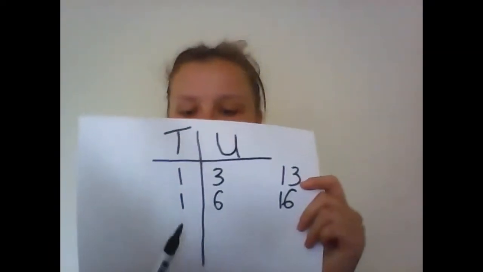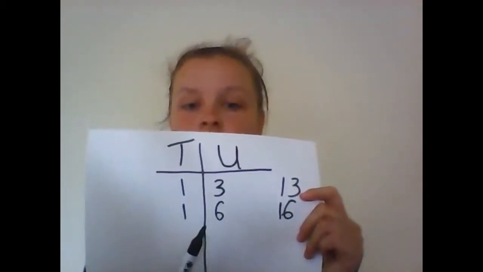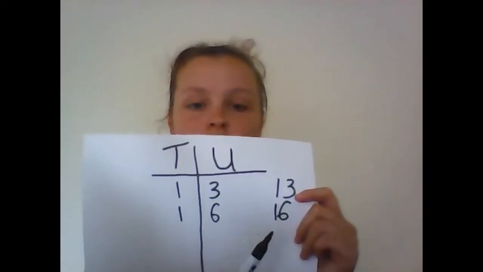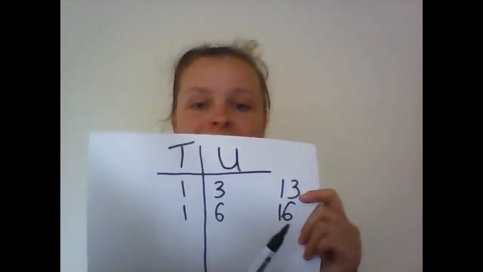Okay, so hopefully you would have worked out that 16 has 1 10 and it has 6 1s. And we will write that like this. So it's got 1 10, it's got 6 1s, and we write it like this. The 10 comes first and the 1s come after it, so 16.